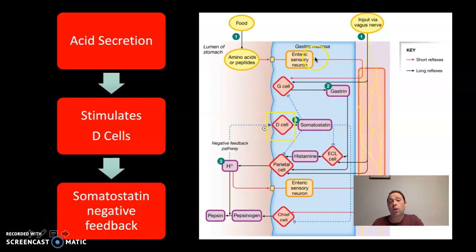It shuts off G cells, it shuts off ELC cells, it shuts off parietal cells, and it even shuts off chief cells, and when I say shuts off, I mean preventing the release of their secretions, so that this response to food being in the stomach does not continue nonstop. This is a way of regulating the length that the production of these chemicals exists.